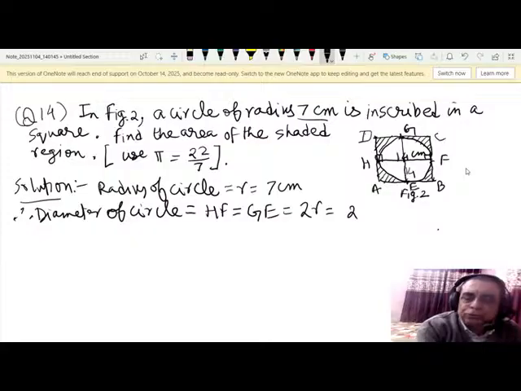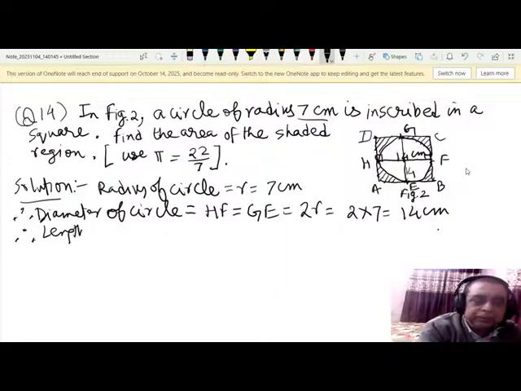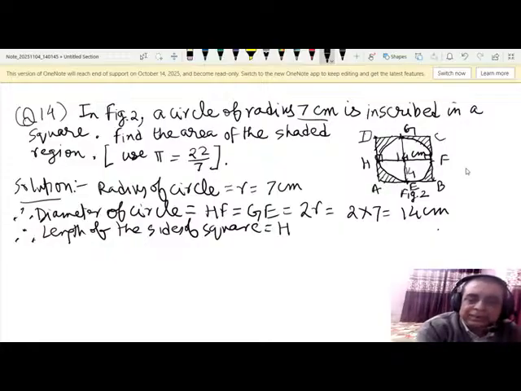So it is 2 times 7, which is equal to 14 centimeter. So the length of the sides of the square is the same as the diameter, which is HF, or also equal to GE, which is 14 centimeter.